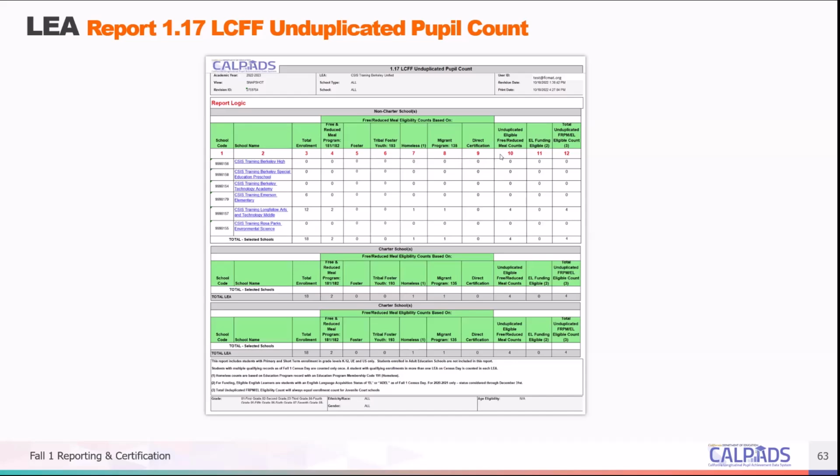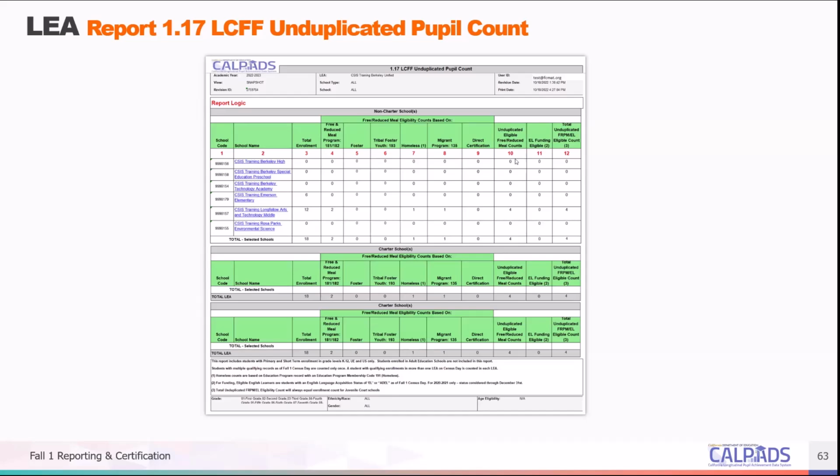The student will only be represented once. That's the term unduplicated. If they're a member of 4 through 9, they will show up in 10. If they are a member in multiple categories 4 through 9, they'll show up only once in 10. Then you have your EL students.